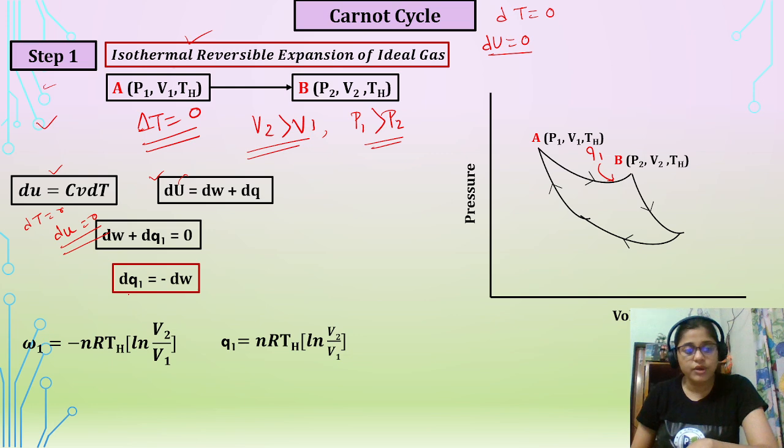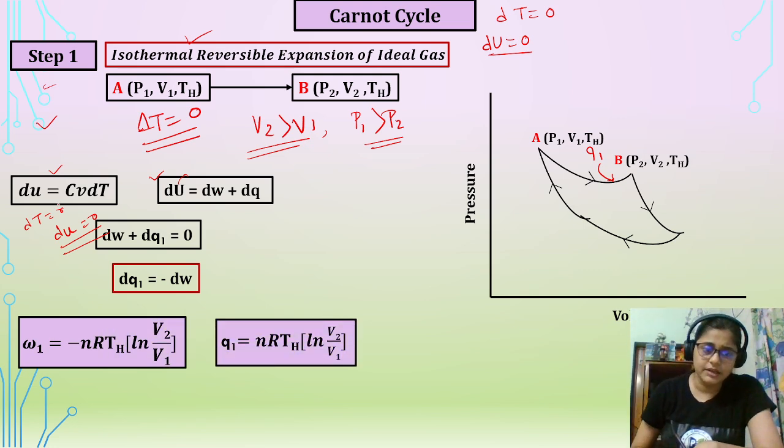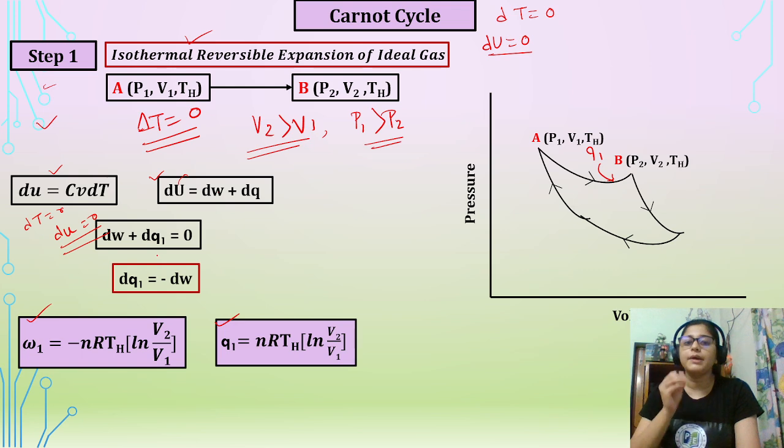And now Q1 will be the same, only the negative sign will not be there. So Q1 equals nR TH ln(V2/V1). These are the important formulas. If you know how to write the work formulas for adiabatic and isothermal cases, this will be easy for you. That's why I am again and again telling you, please watch the previous thermodynamics videos first.